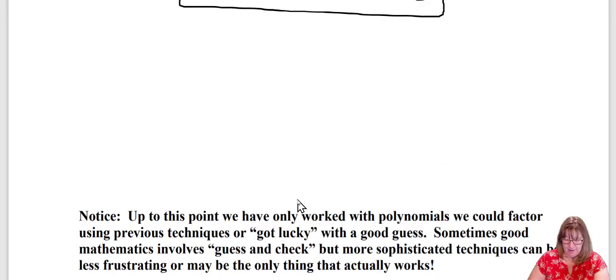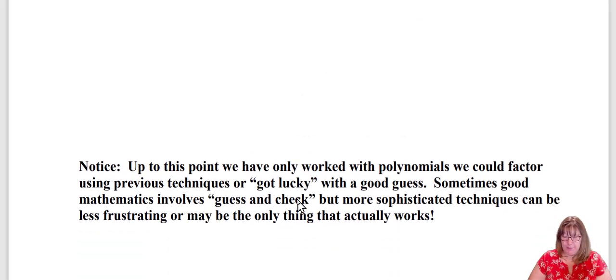There's a little note down here at the bottom that says what I summarized at the end of the last video: everything in the previous videos was given to us in factored form. This one, I got lucky, right? Sometimes that's okay. Guess and check is an okay thing, and if you get lucky, that's okay.